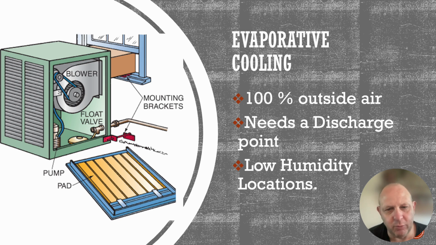Because we are pushing 100% outdoor air into the facility, we're going to need a discharge point somewhere in the house where that air can leave the house. And like I said before, evaporative coolers are going to be used in low humidity locations, so that we can provide cooling to individuals without mechanical types of refrigeration.